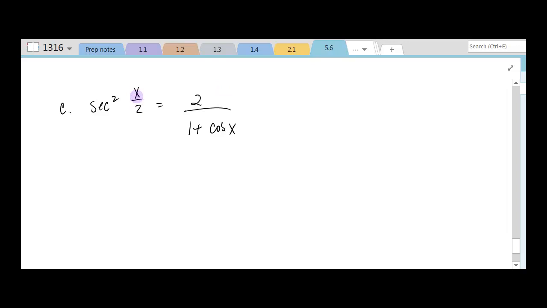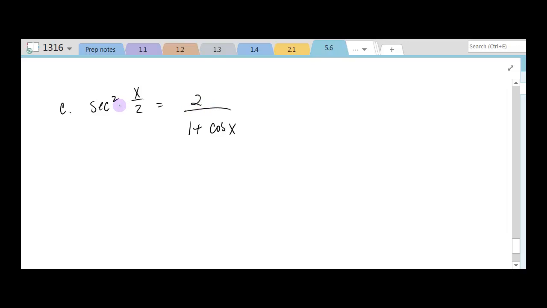Since the left hand side is addressing a half angle anyway, let's look at my half angle identities. When you look at the half angle identities, you notice that they have cosine x added to a 1 or subtracted from a 1. We have a 2 in there, so this is kind of looking like a half angle identity.